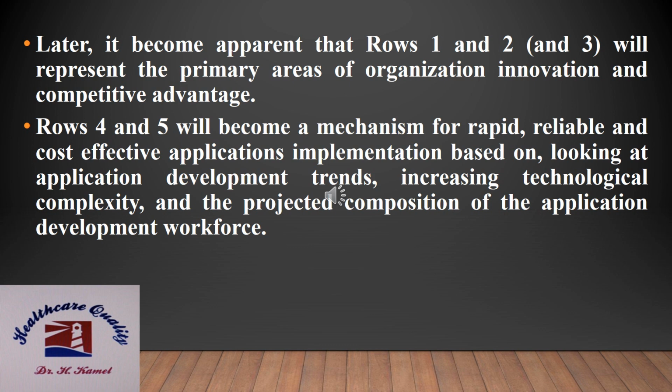Rows 4 and 5 will become a mechanism for rapid, reliable, and cost-effective applications implementation based on looking at applications development trends, increasing technological complexity, and the project composition of the application development workforce.